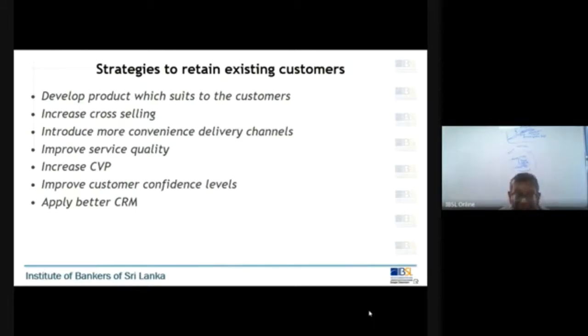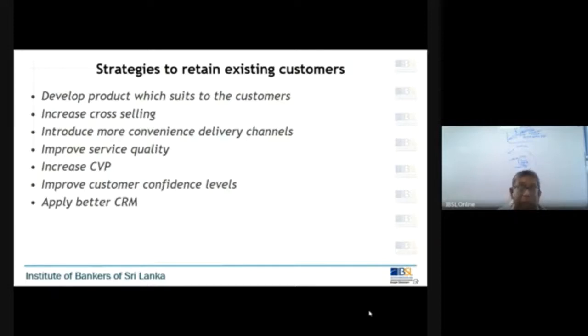So customers obtain services from an organization where they give you high value, right? Salary, money. So they are expecting more value. Today, customers are basically thinking about value.